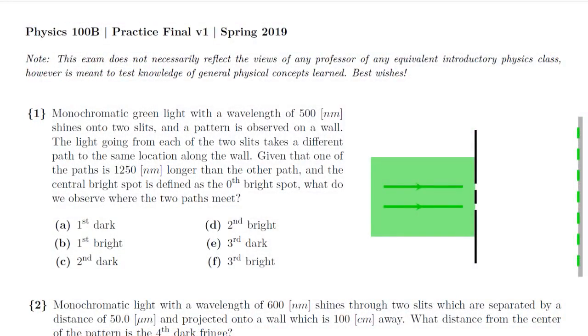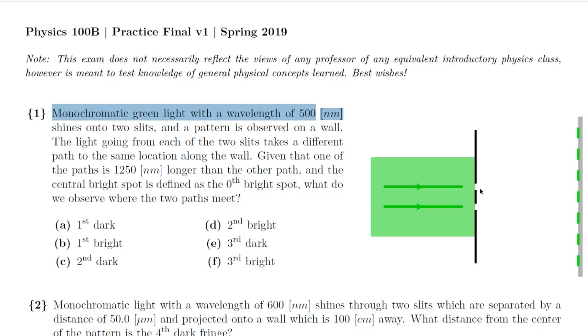Okay, so this first problem here, we have two slits. We have monochromatic green light with the wavelength given, shining onto two slits, and the pattern is observed on a wall. The light going from each of the two slits takes a different path to the same location along the wall. In other words, you have the two slits pictured here in the figure, and a bunch of spots along the wall or the viewing screen. The light is going to be spread everywhere through this entire setup.